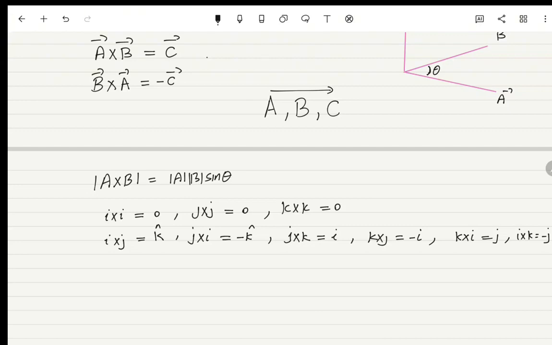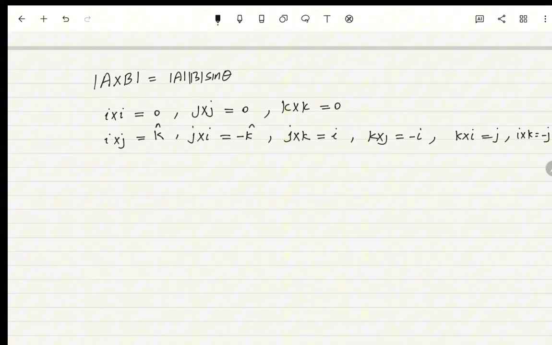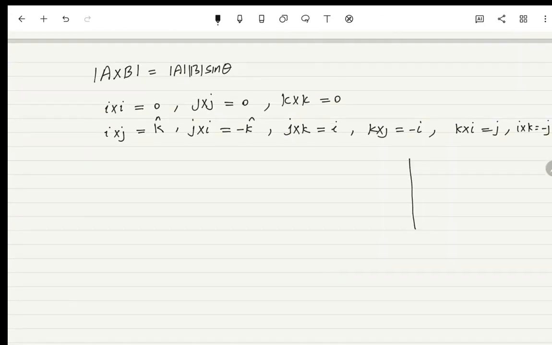Now, if we cross product two vectors, in this case here, we should get 9 components, 3 of them equal to 0 and 6 of them not 0. To remember this, let's have this quick sketch, assuming that this is I, j, k. If you move this way, the answer is positive.